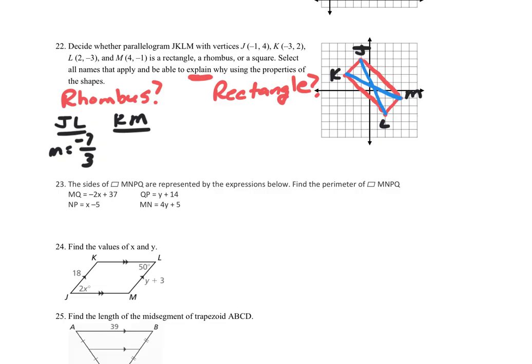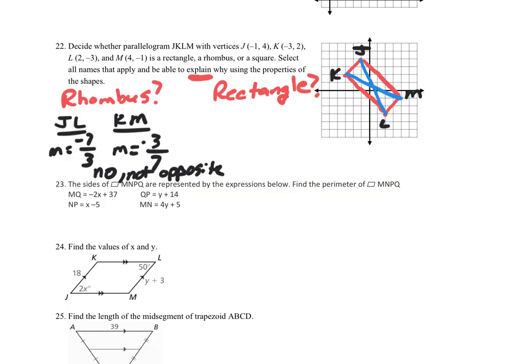So down 3 over 7. Okay, these two are both reciprocals. Are they opposites? No. This one's negative, and so here we would say no. They are not opposite. So this is not a rhombus.